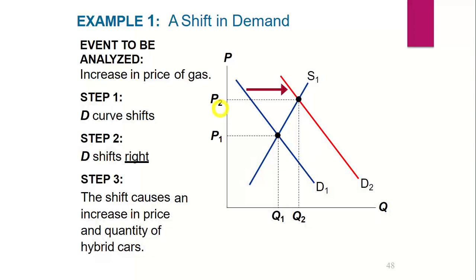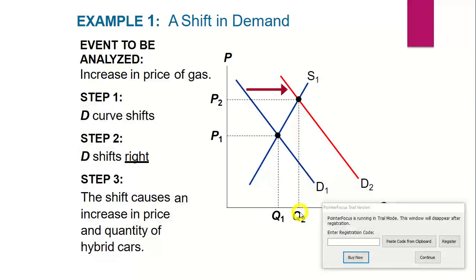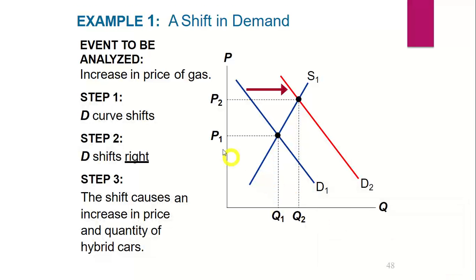So the demand for hybrid cars increases from D1 to D2 and quantity also rises from Q1 to Q2. When people want more of the hybrid cars, then prices also increase, and here the price rises from P1 to P2.